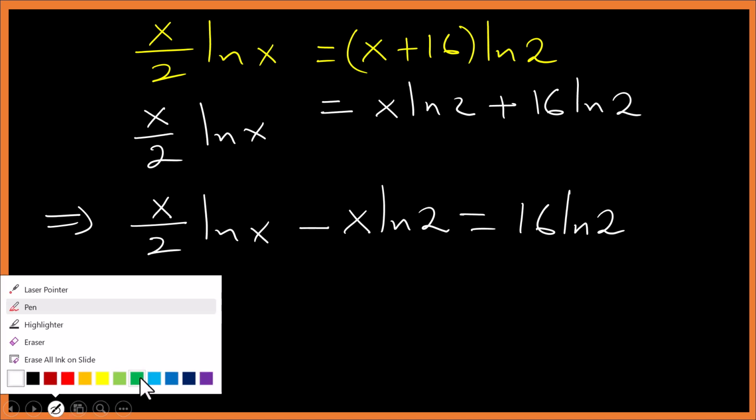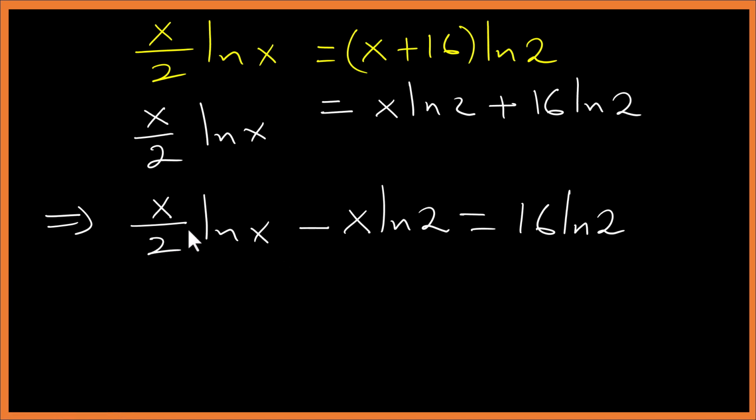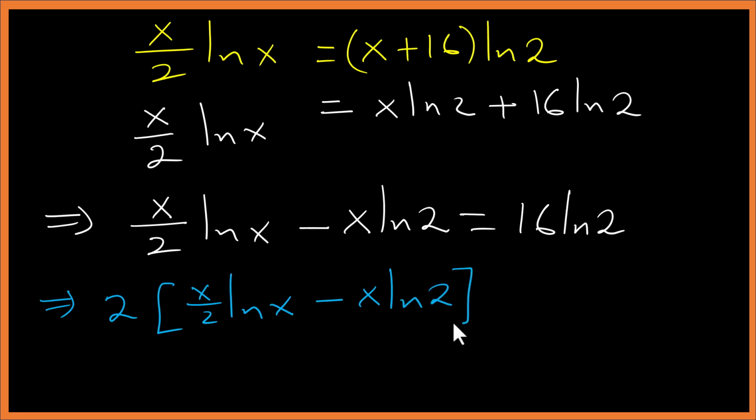So from here we can get rid of this fraction by balancing it, multiplying both sides by 2. So we have 2 times x on 2 ln of x minus x ln of 2 equals 2 times that.